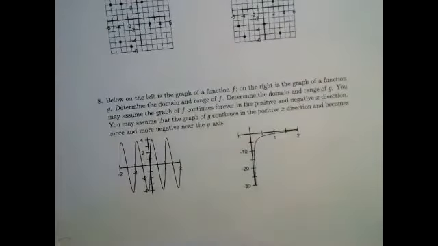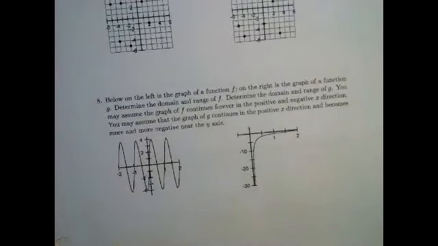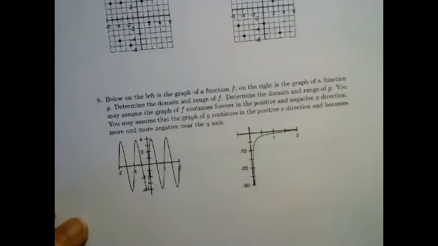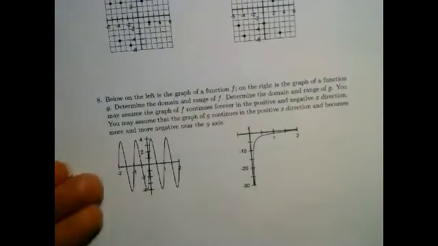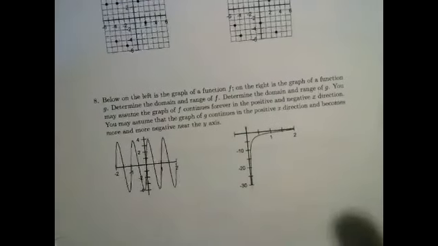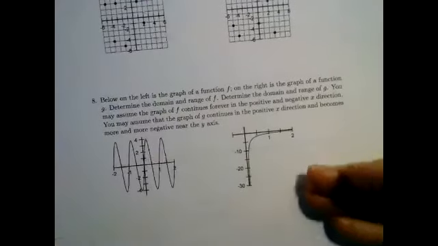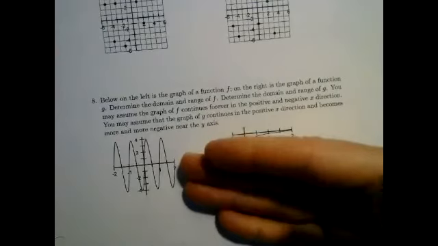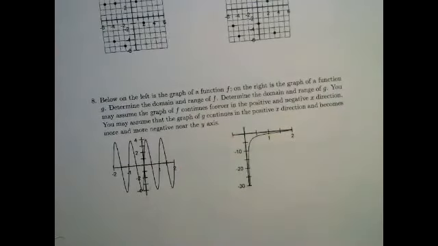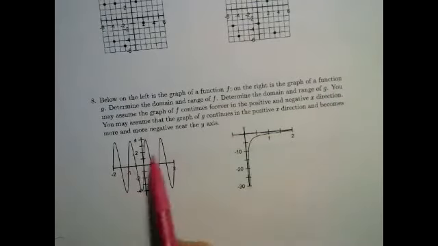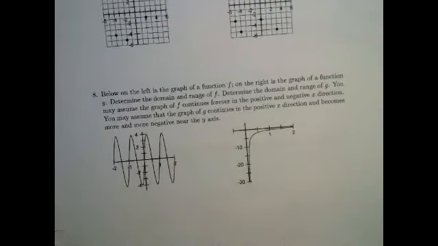So the question here is, as I told you last time, the range is all the f of x, all the output values. The only way we're doing them in this class is by graph. So we have the graph of a function and then we find the range. That's exactly what is really going on.